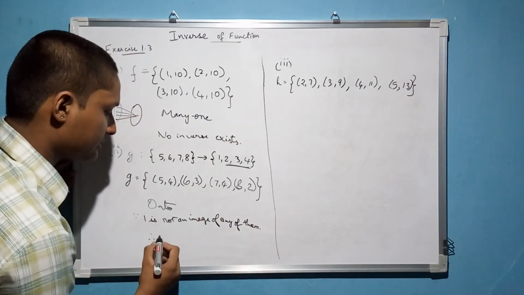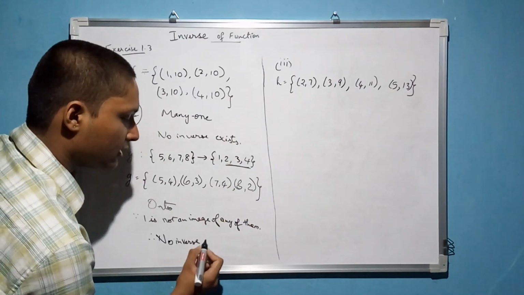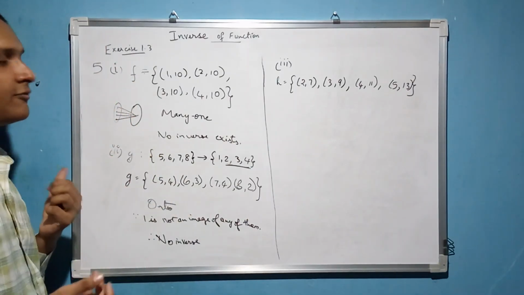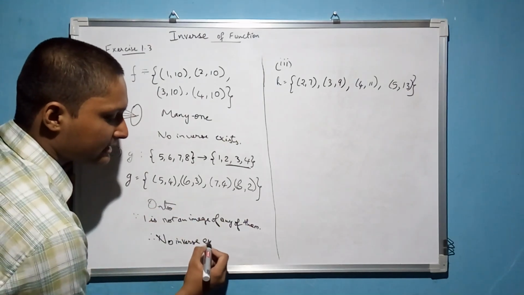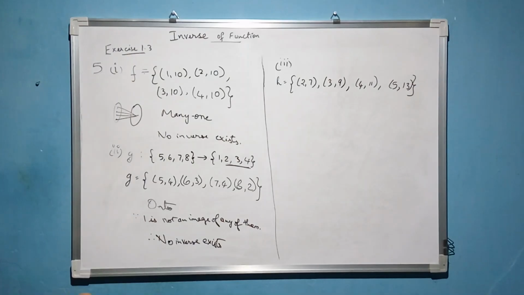Therefore no inverse exists. Why does no inverse exist? The same reason, because for an inverse to exist, it should be a bijective function. Here it is not a bijective function, hence there is no inverse existing here.